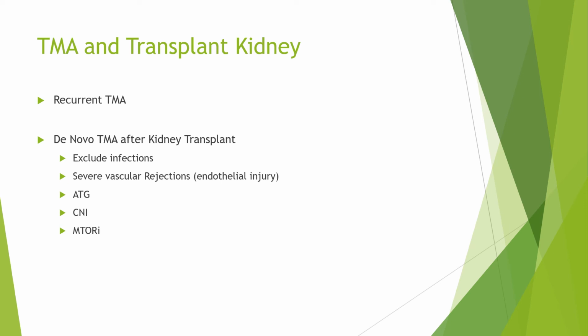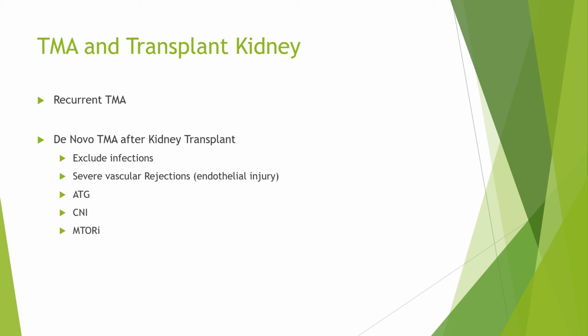So that is recurrent TMA. TMA can also occur de novo, that is a new occurrence of TMA after the kidney transplant. Again, the basic principle is just the same. Anything that causes endothelial injury can cause TMA in the transplant kidney. For example, severe vascular rejection can cause TMA.